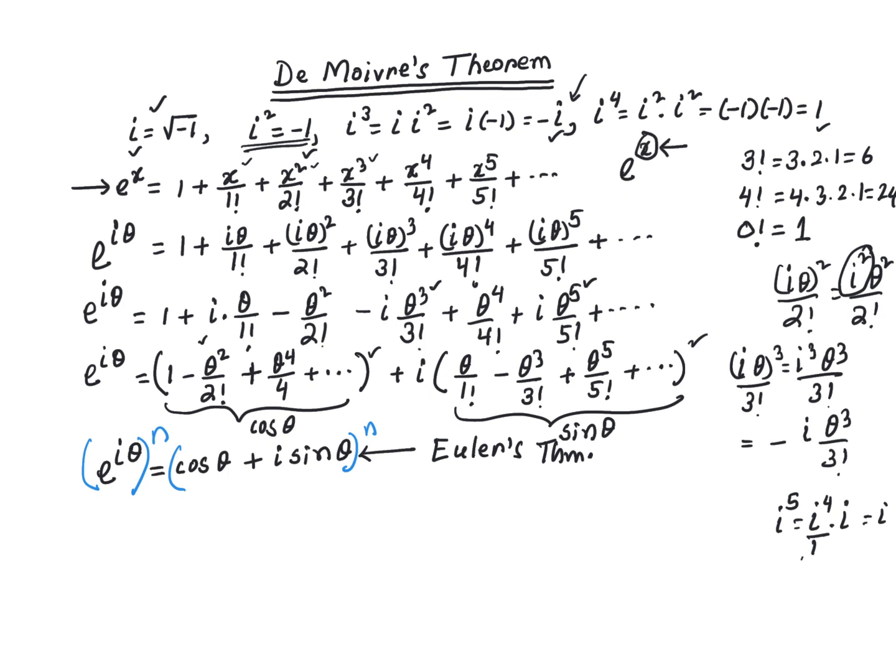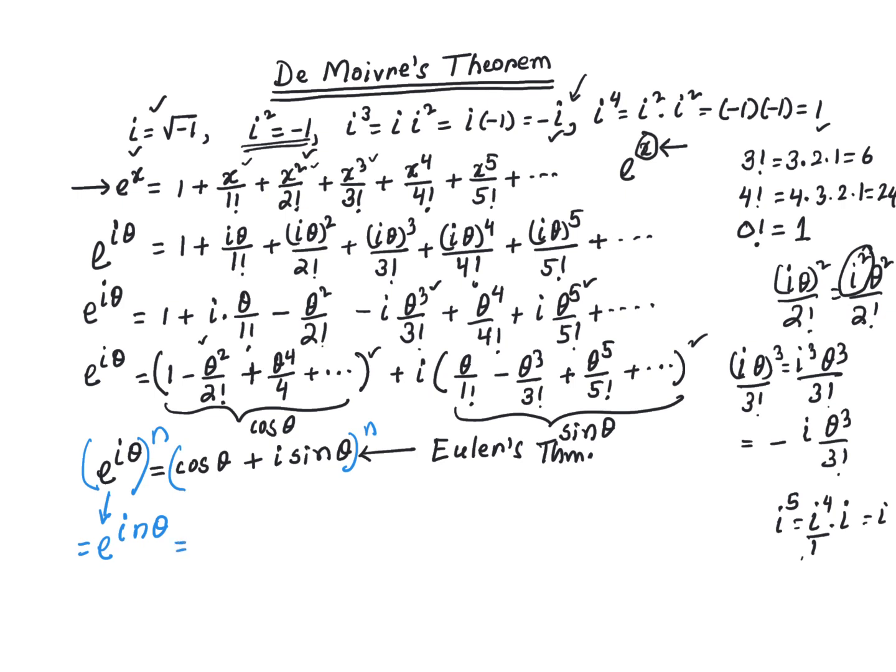The right hand side I'm going to leave as it is, since I don't know what it evaluates to. The left hand side I'm going to evaluate. So e to the power i theta raised to the power n, using the rules of exponents, is the same as e to the power i n theta, correct? Thus this is equal to this.